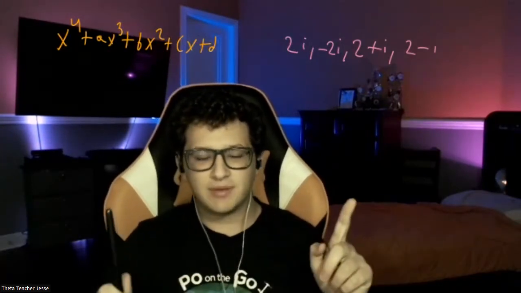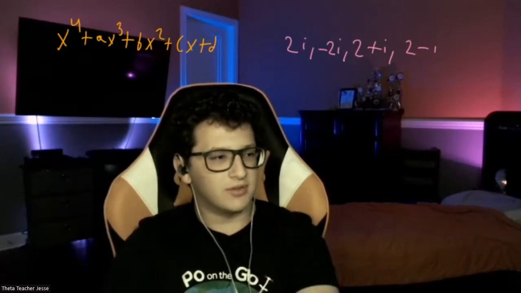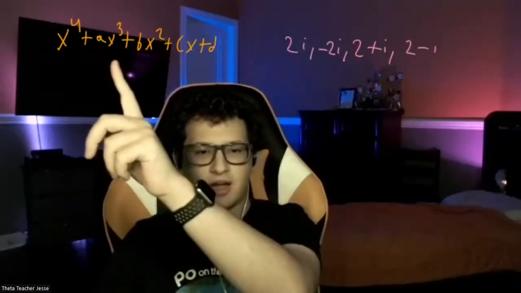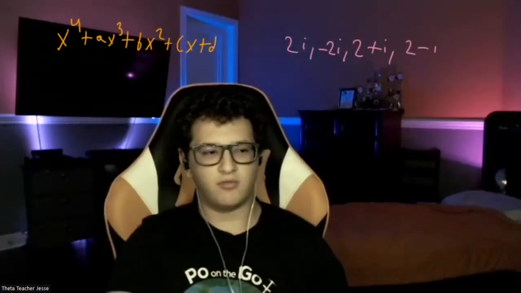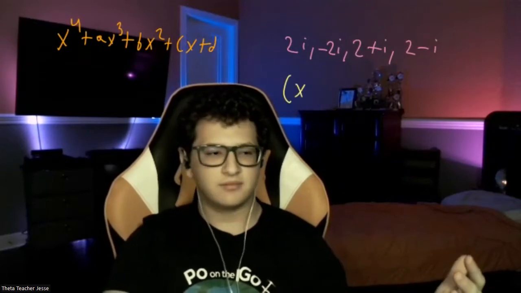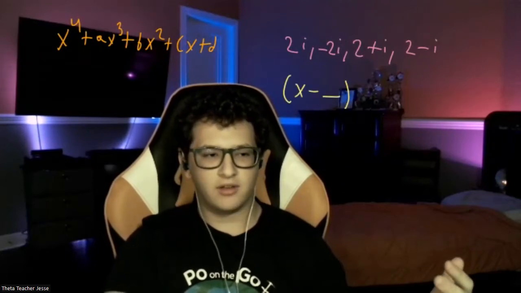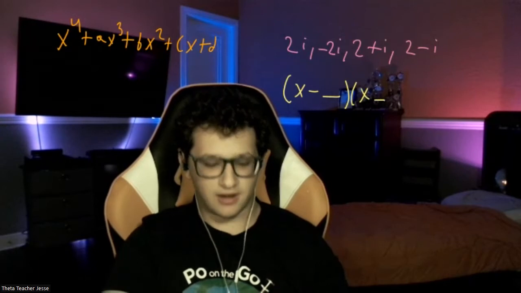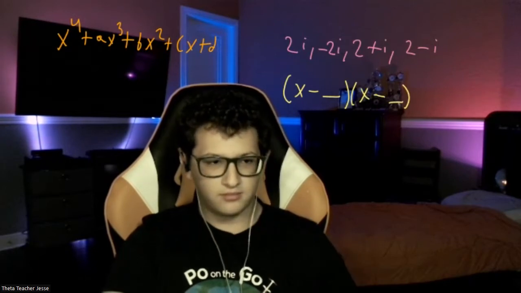So yes, the next thing we want to do is write out our factored form. Let me use a new color again. The factored form means that we can rewrite the polynomial as x minus some value times x minus another value, 4 times.